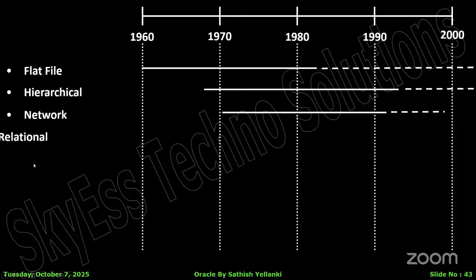So when you speak about RDBMS, you can consider that the best of flat file, hierarchical, and network are put together into one single place. The practical state of relational database management systems came around 1981-82. And even today, they are very actively involved in development.